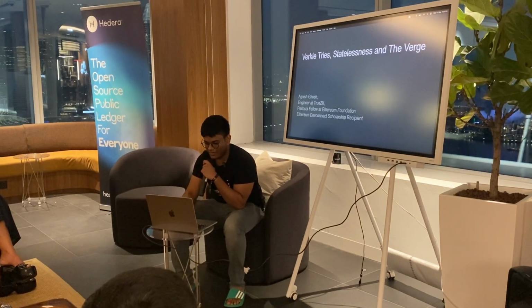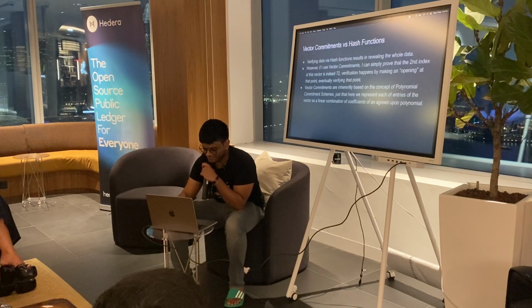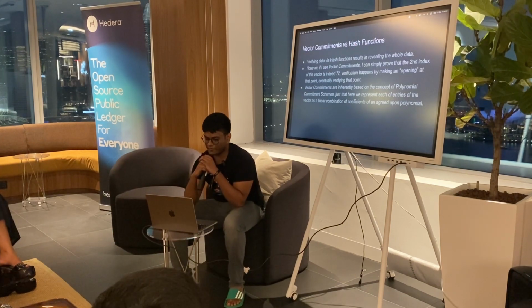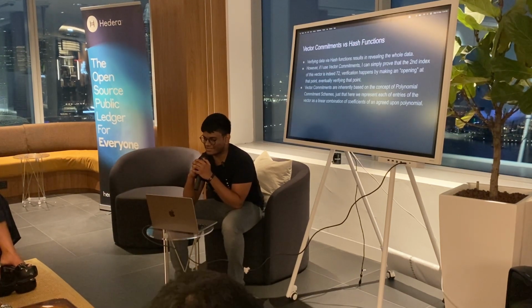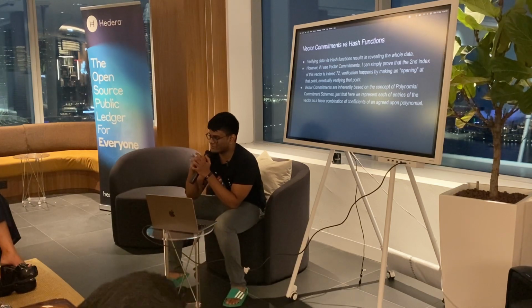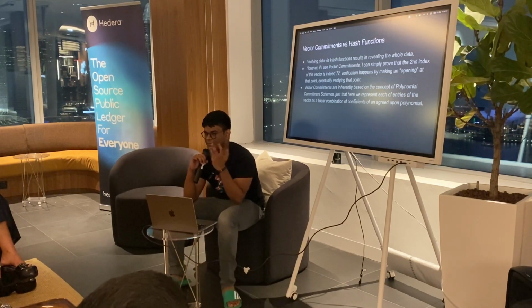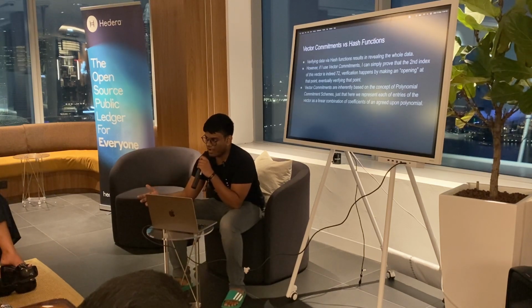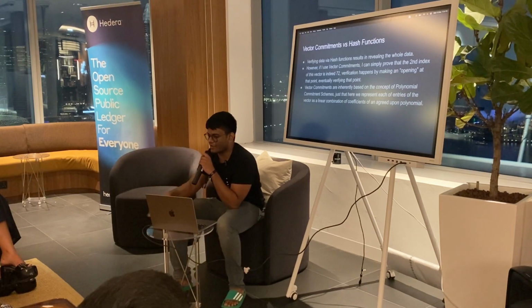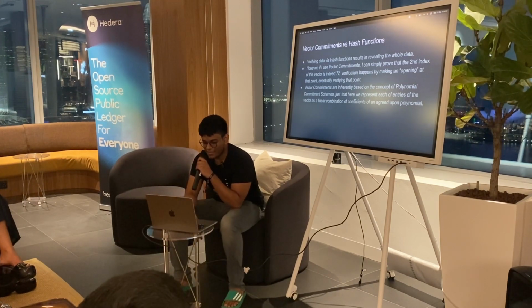Okay, so I'm going to break it down. Before we understand Verkle trees, we need to understand the difference between vector commitments and hash functions, and how Verkle trees are faster and more efficient.